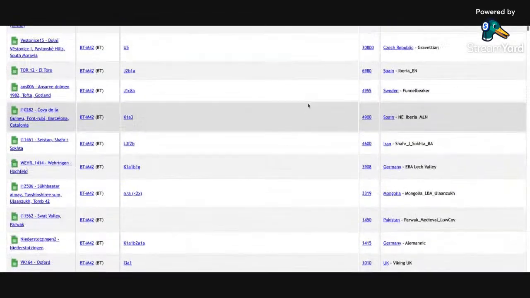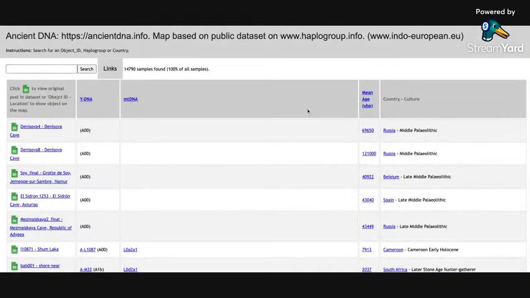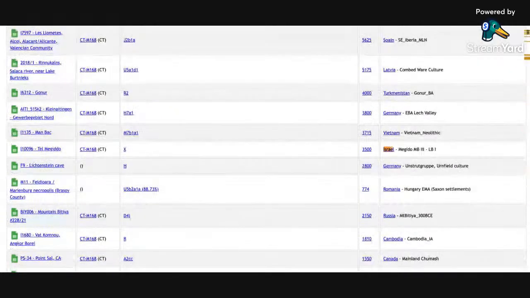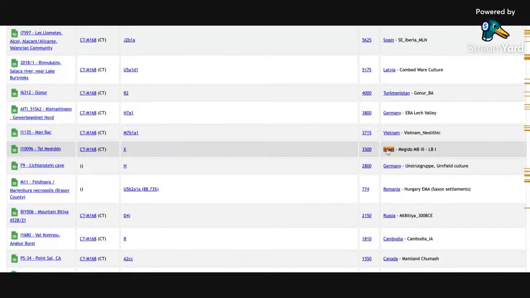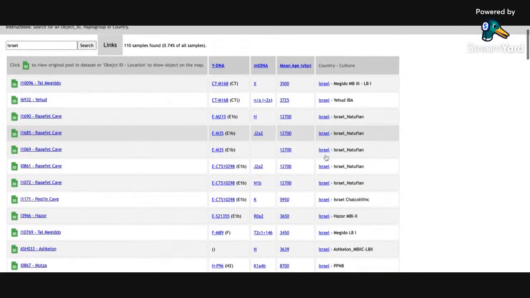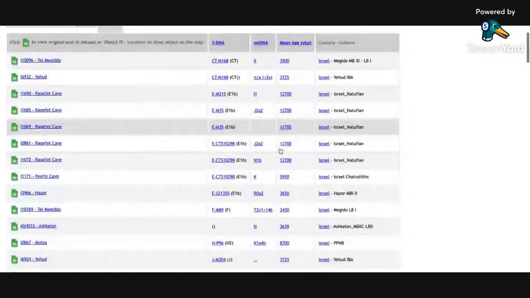All right. This is haplotree.info. This is the cheat sheet right here because you can basically find all the DNA samples or just the majority. Like they might be missing one or two, but let me tell you, their stuff is on point. These are the Natufians.